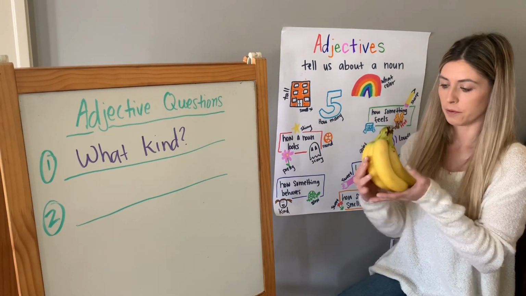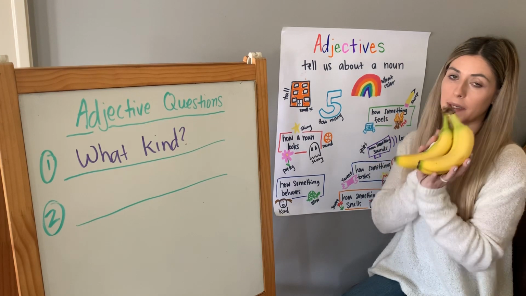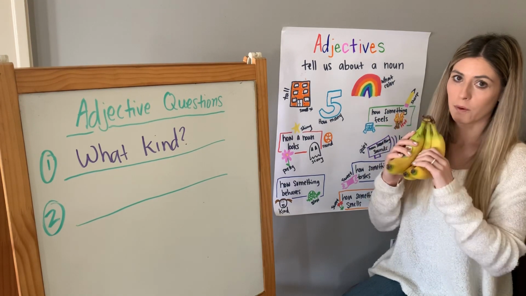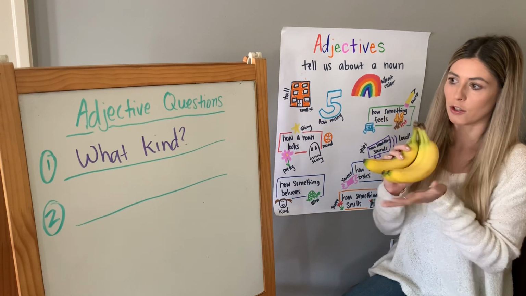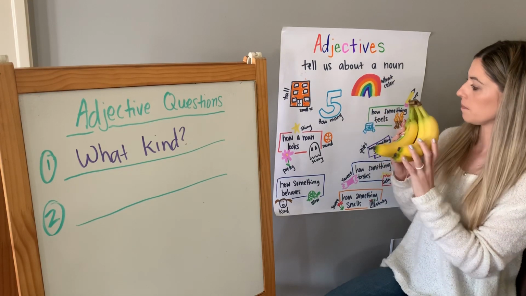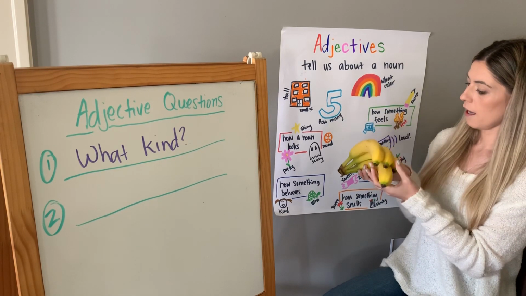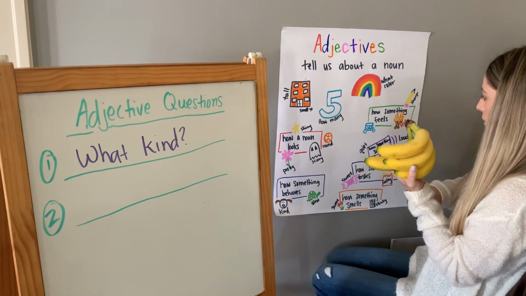This, fruit. So, these are bananas. Let's think of some words that would describe these bananas. So what kind of bananas? Well, they're yellow. Let's see, they don't behave.